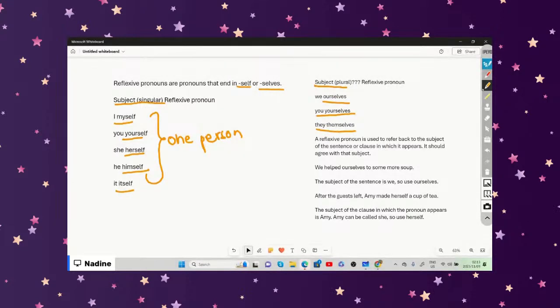And we say a reflexive pronoun is used to refer back to the subject of the sentence or the subject of the clause in which it appears, and it should agree with that subject.